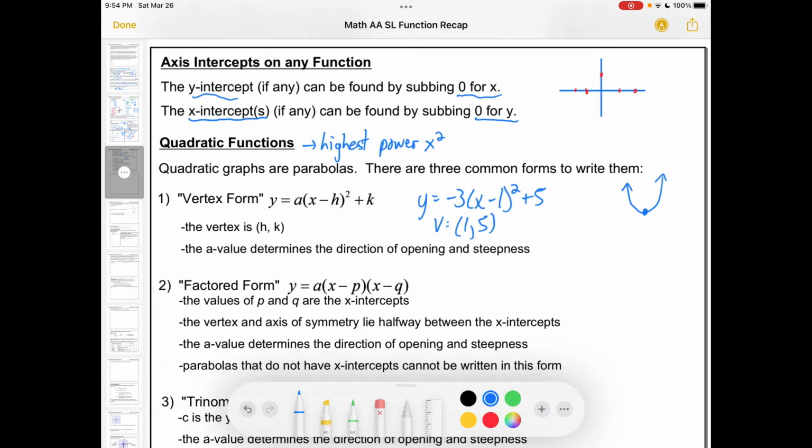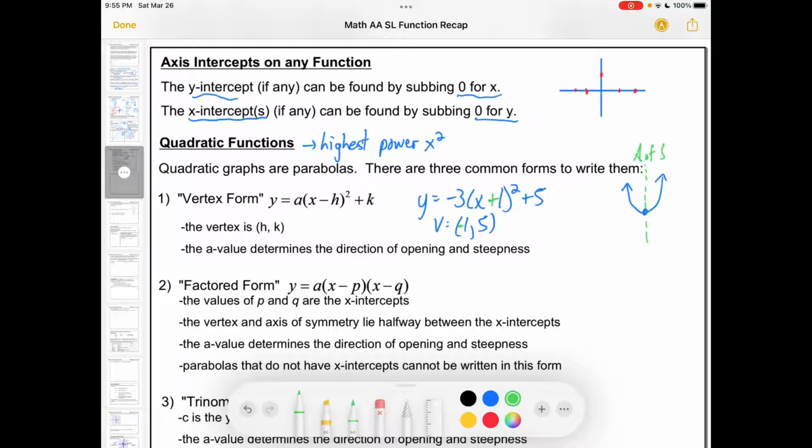If it had been x plus 1, then the vertex would be at -1, 5. The x-coordinate of the vertex also tells us the axis of symmetry, which is the vertical line that splits the parabola in 2 symmetrical parts.